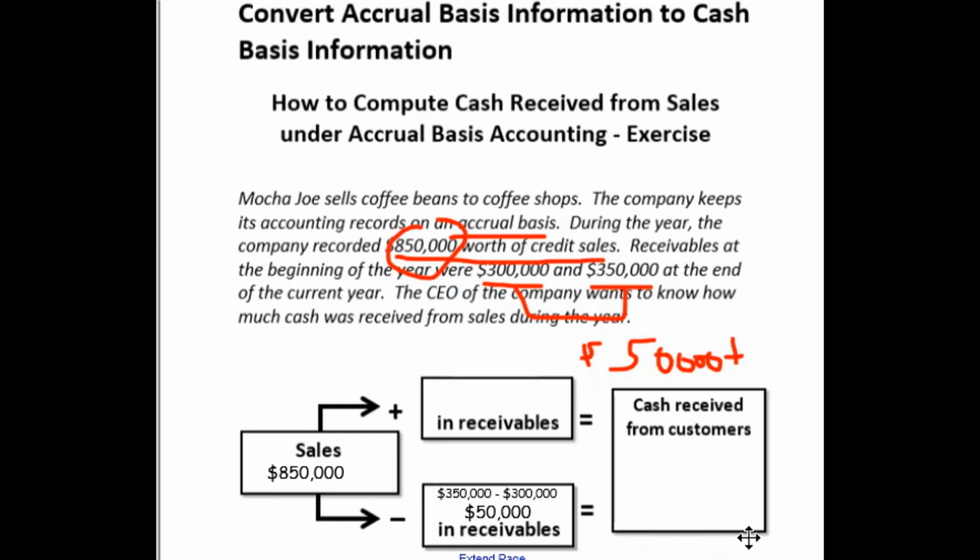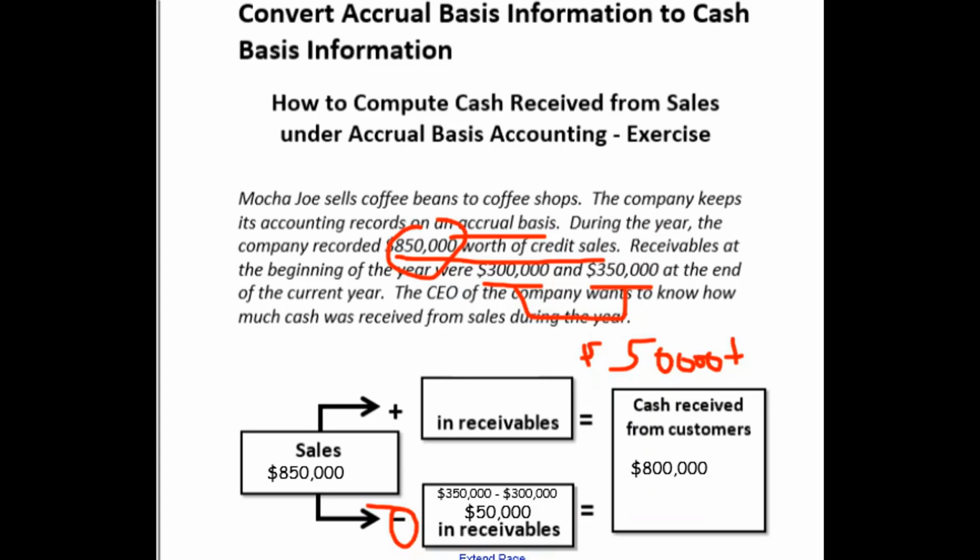So we take our sales of $850,000 and subtract our increase in receivables of $50,000, and it comes out to $800,000. That represents the amount of cash that we received from our customers. The company wants to know how much cash was received from sales during the year, and that's our answer.